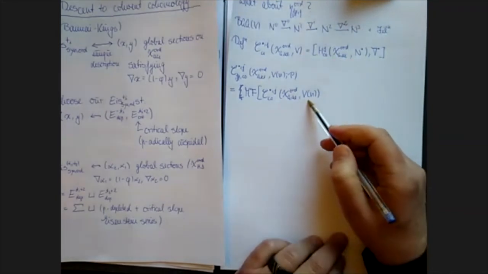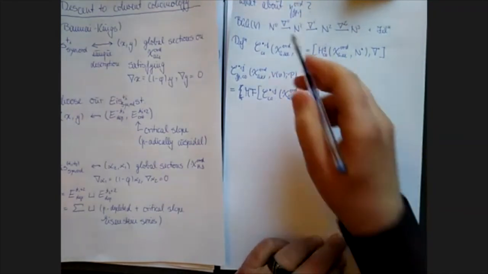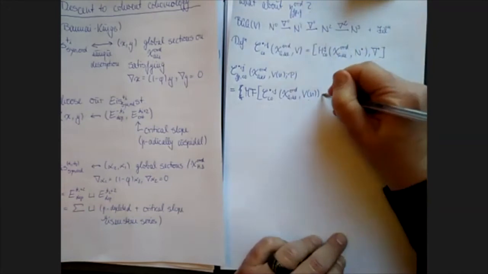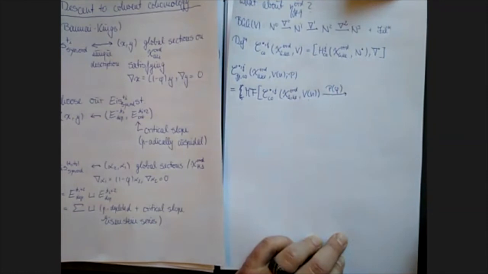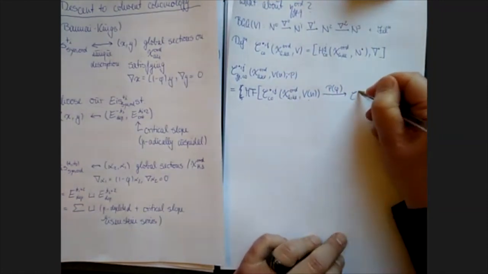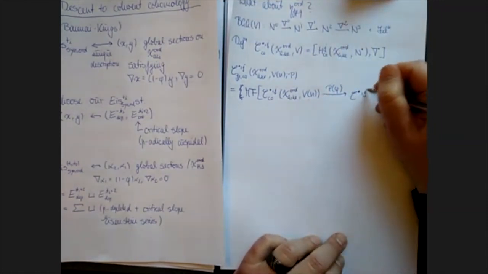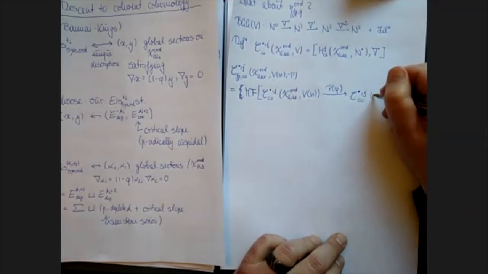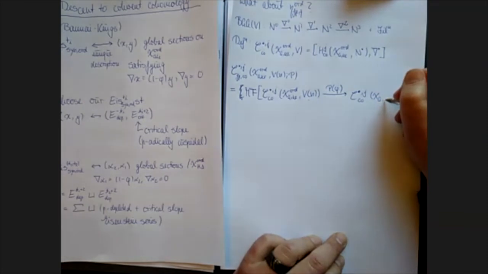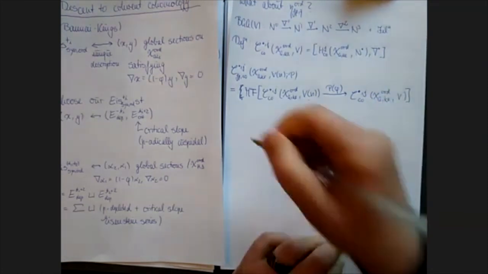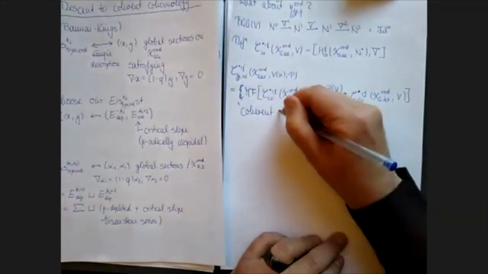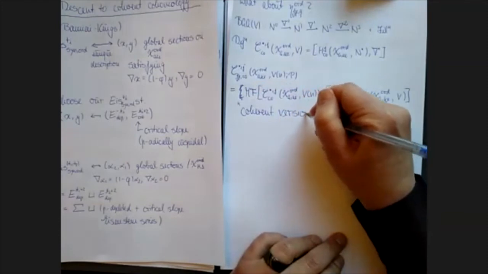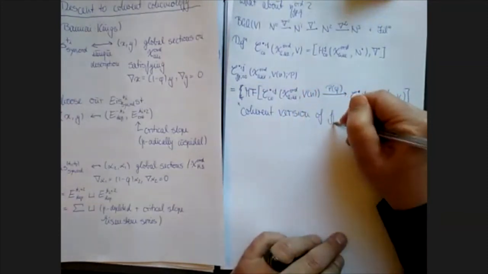Here I just use the nth filtration step of the BGG complex, and I take the mapping fiber along this polynomial P of phi. So this here is a coherent version of FP cohomology.